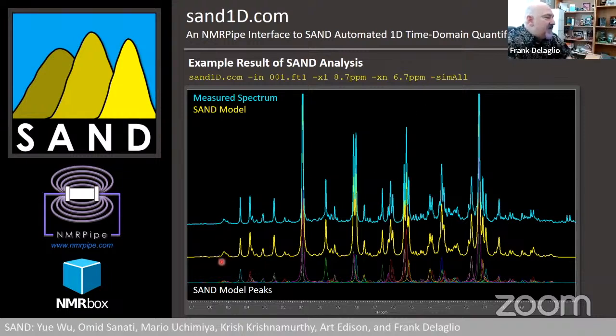Here's an example from the data that we've shown. The measured spectrum is in blue, the SAND model is in yellow, and the individual model components of the SAND model are shown here. No interaction was needed, just name the spectrum and the analysis region, and we get a SAND result. This is what we were aiming for.